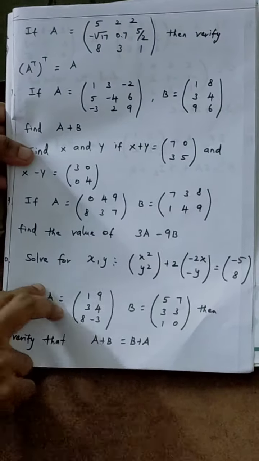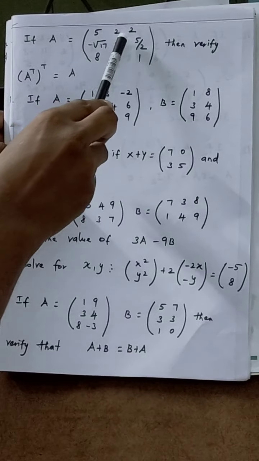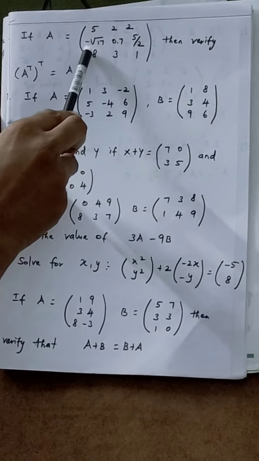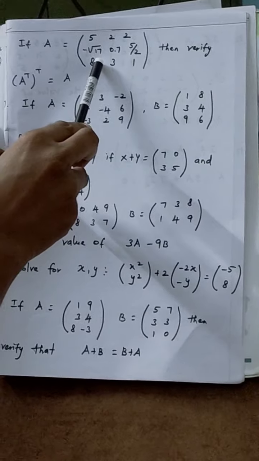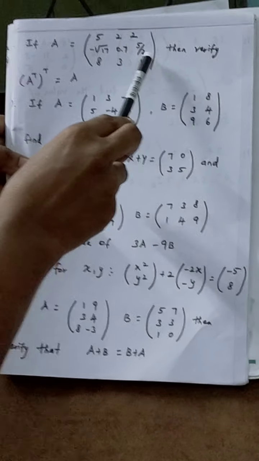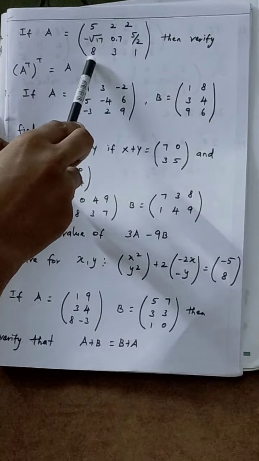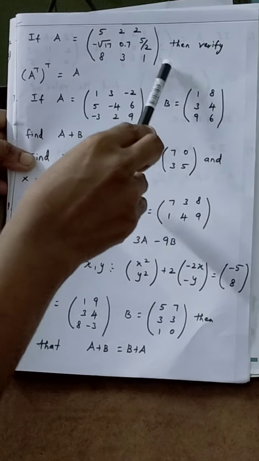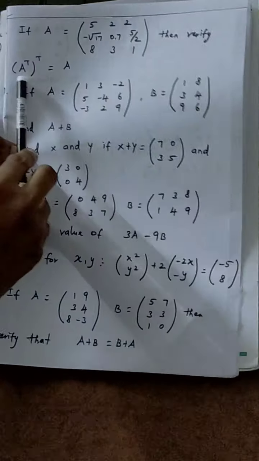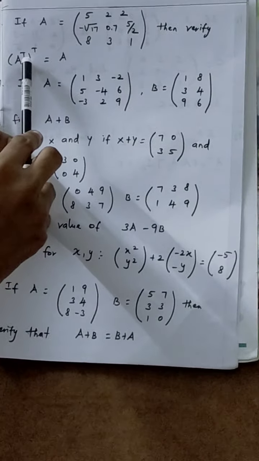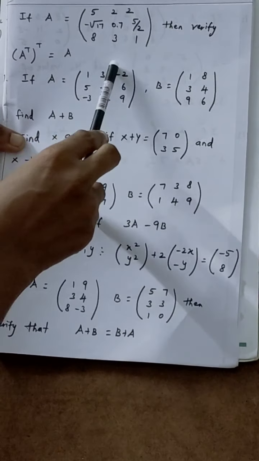If A equal to, within bracket, 5, 2, 2, second row minus root 17, 0.7, 5 by 2, third row 8, 3, 1, close the bracket, then verify within bracket, A transpose of transpose equal to A.